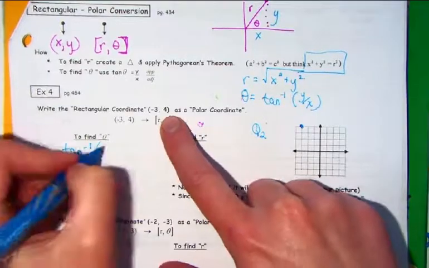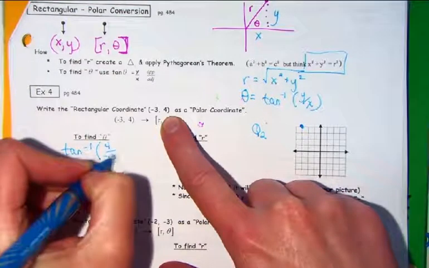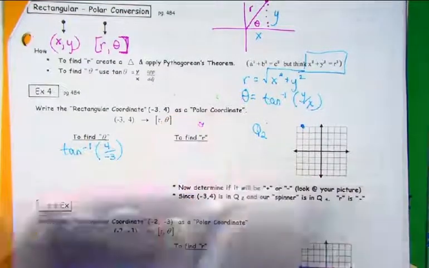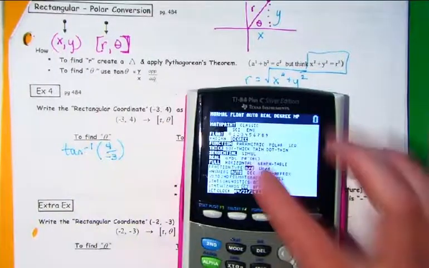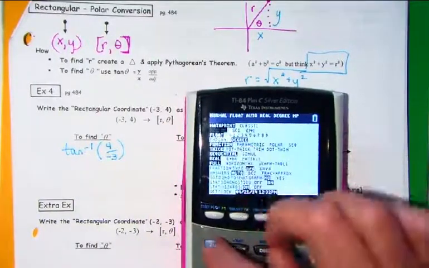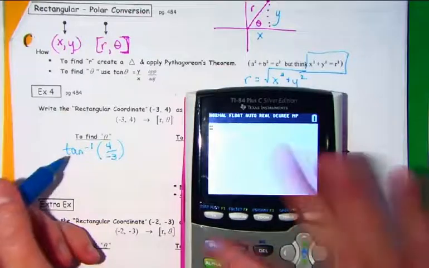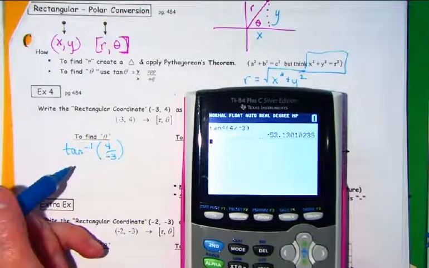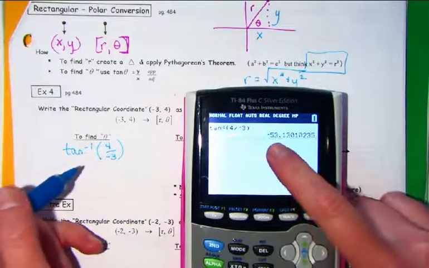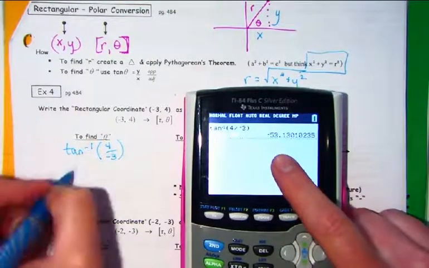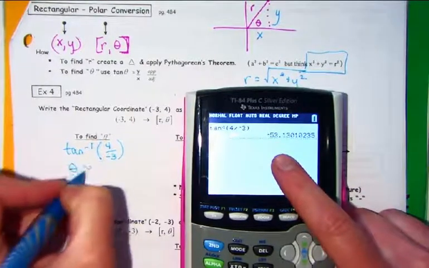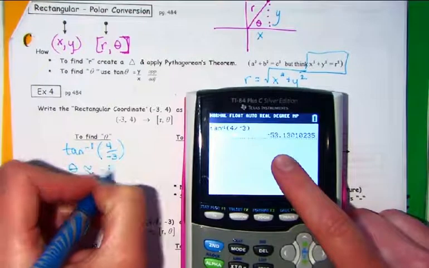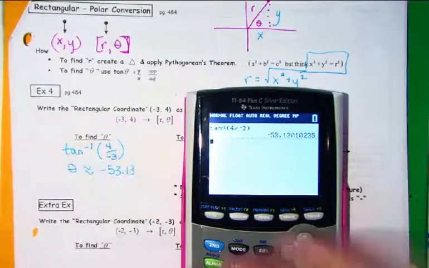My y is 4, my x is -3. I'm going to do this in degree mode, so put yourself into degree mode. Inverse tangent of 4 over -3, I'm getting -53.13 degrees. So my theta is approximately equal to -53.13.